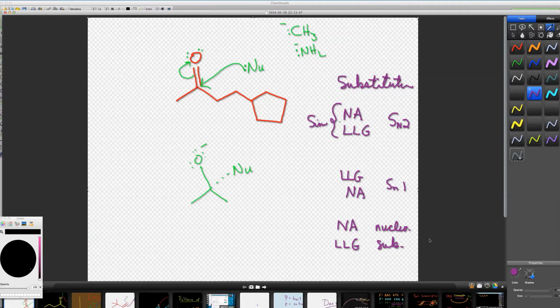This is nucleophilic acyl addition. And so we are adding across a pi bond. Just like before, we added across a carbon-carbon double bond. And the two reactions we've discussed to date in detail have been adding water across a double bond.